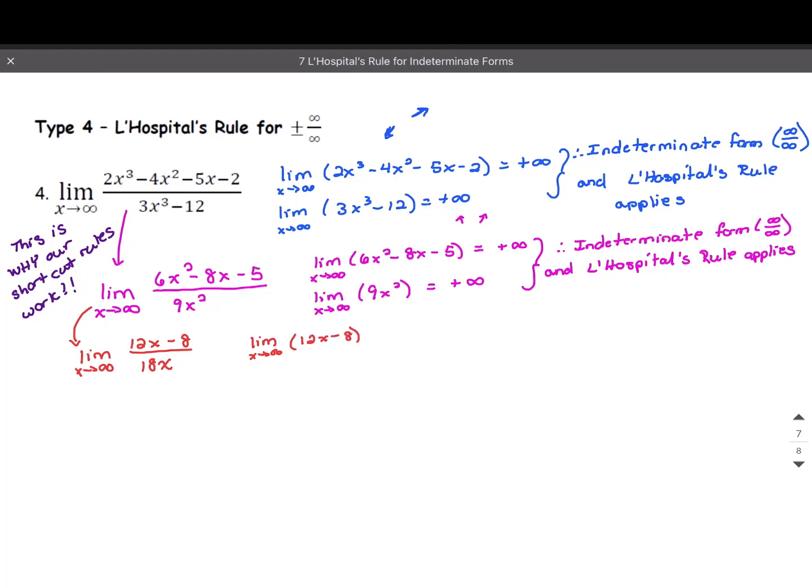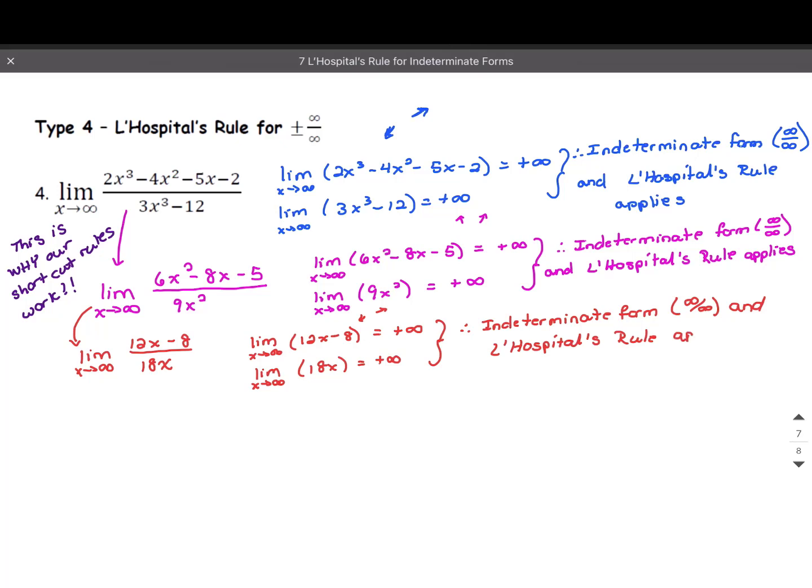That's a linear function with a positive leading coefficient. It looks like y equals x at the ends, so it's headed to positive infinity. The limit as x heads to infinity of 18x, again looks like y equals x because it's linear. It has a positive leading coefficient, so it's heading to positive infinity. Therefore, we have an indeterminate form, which is infinity over infinity, and we know that L'Hopital's rule applies.